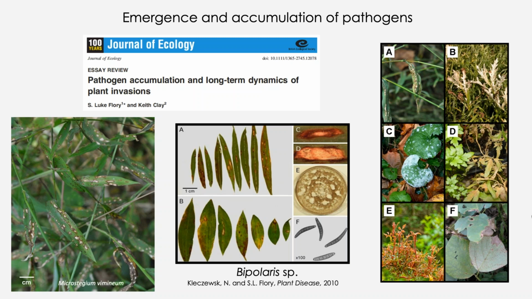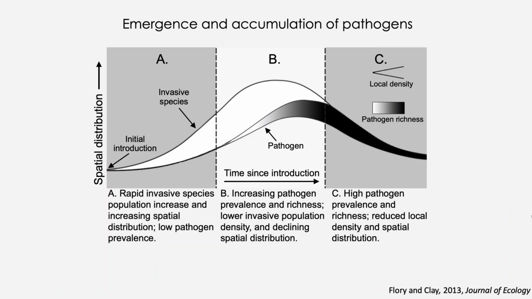And we gave some examples in this paper, such as the disease that you see on Canada thistle in panel B, the mold that you see on garlic mustard in C, or the rust that you see on kudzu in panel F. Then we provided this general conceptual idea of how invaders and their pathogens may change in spatial distribution and density over time since introduction.